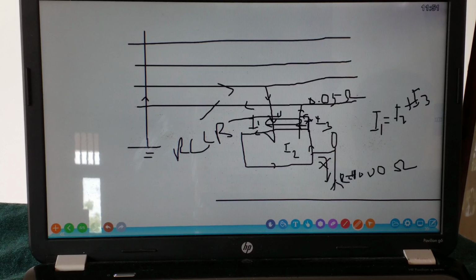What will happen if this earth link breaks? There's no solution. It will go to our body and act as a TT system. Go to our body and come to the transformer. Can't help. It is the nature of the current.